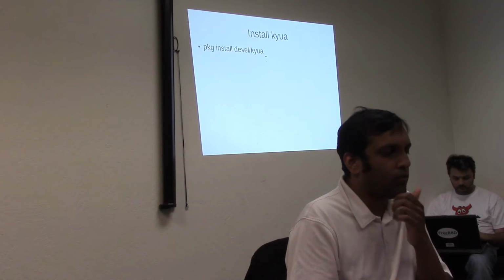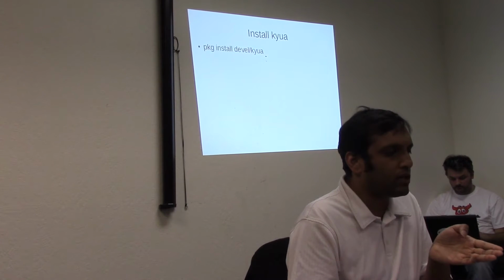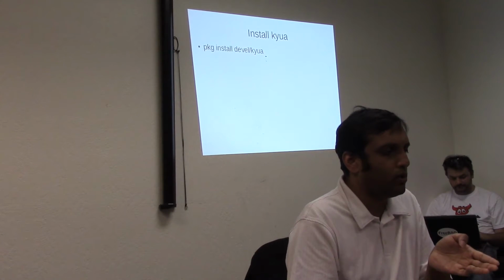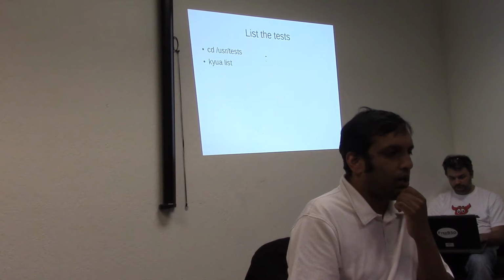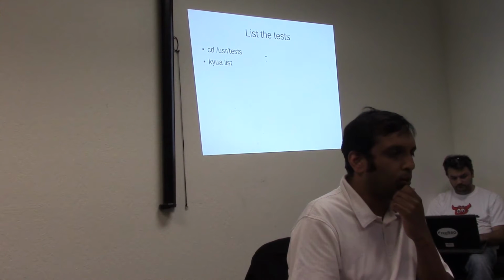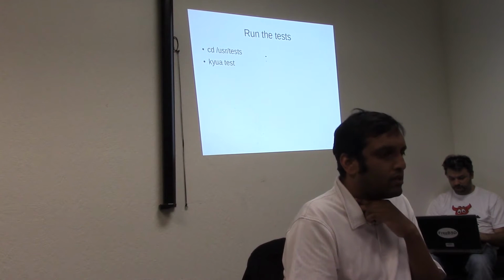So once you've built FreeBSD and once you've installed it, you install Kyua. Just do pkg install devel/kyua or pkg install kyua. And then you can cd /usr/tests and do kyua list, and that will list all the tests. And then when you want to run the tests, you type kyua test, and that will run the tests.